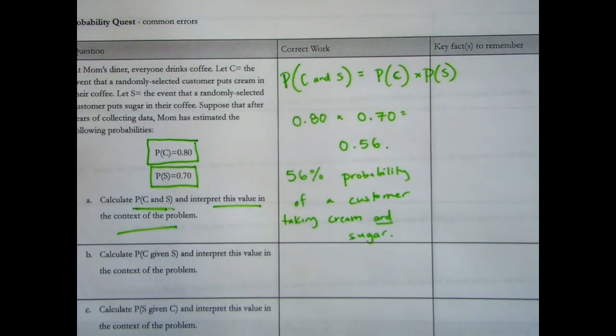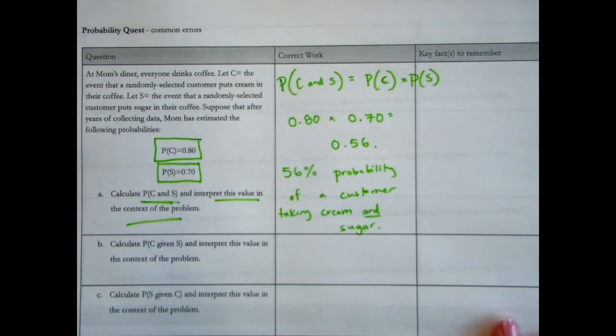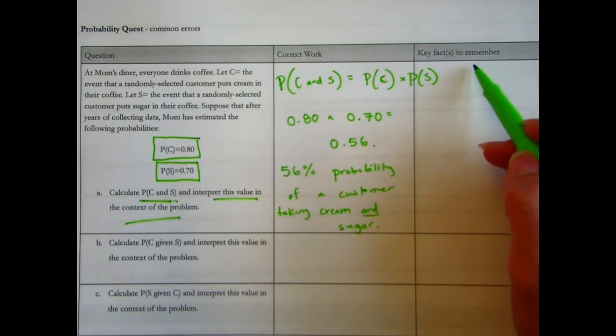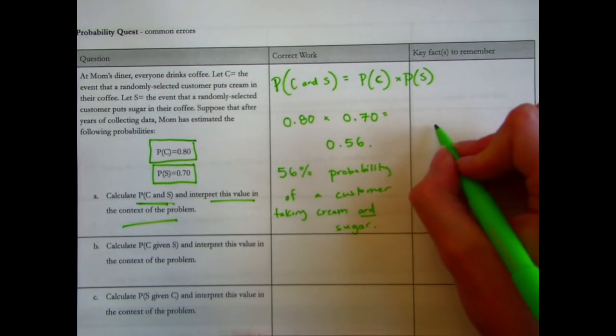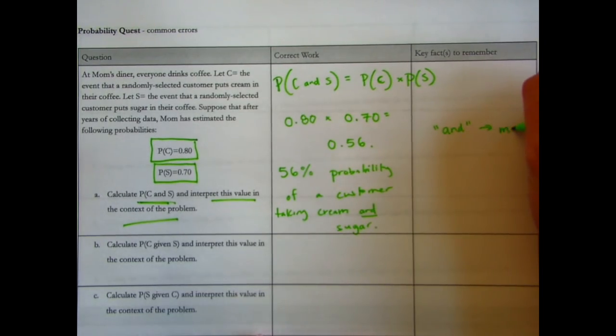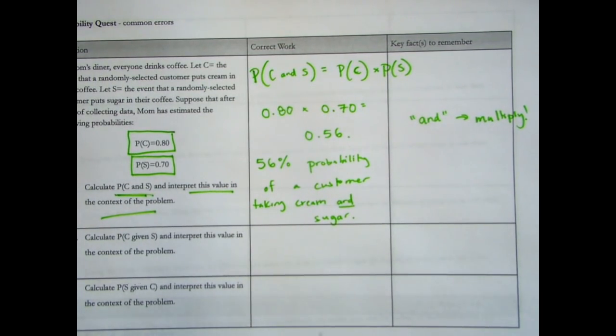Alright, and so the key fact to remember there is the probability rule for multiplication. You didn't actually have to remember this because you could have had it in your foldable. So I'm just going to say, when you see the word and in probability, it's a signifier to multiply, which is what we did to solve the problem.